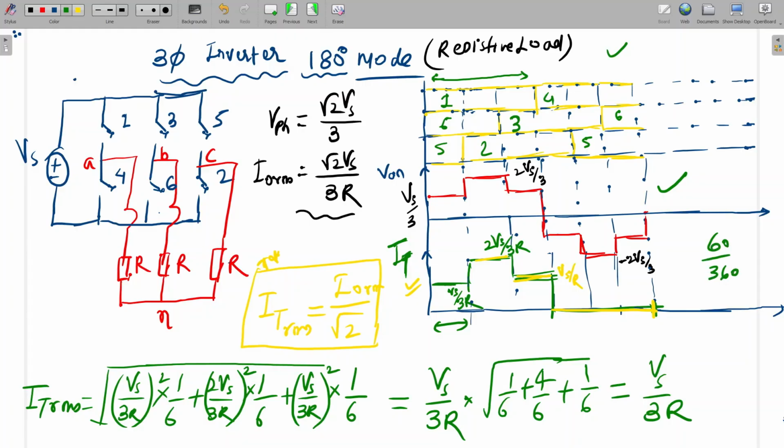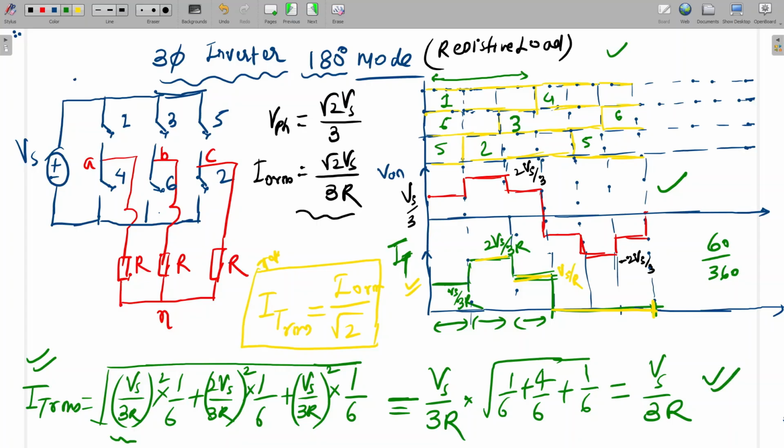The constant line is Vs upon 3R. So I have written here Vs upon 3R whole square into 1 by 6, plus 2 Vs upon 3R whole square into 1 by 6, plus the third one Vs upon 3R whole square into 1 by 6. This RMS trick I have covered previously. So from here I got the RMS value as Vs upon 3R.